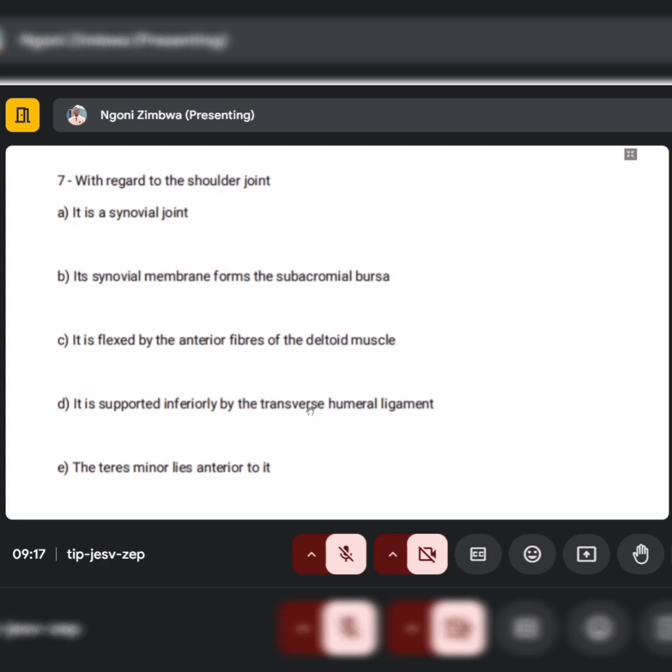So on the shoulder guide, you're actually going to have what you call the subacromial bursa. The subacromial bursa is a bursa between your acromion and your supraspinatus, coming from the supraspinous fossa, attaching to the upper impression of the greater tuberosity.